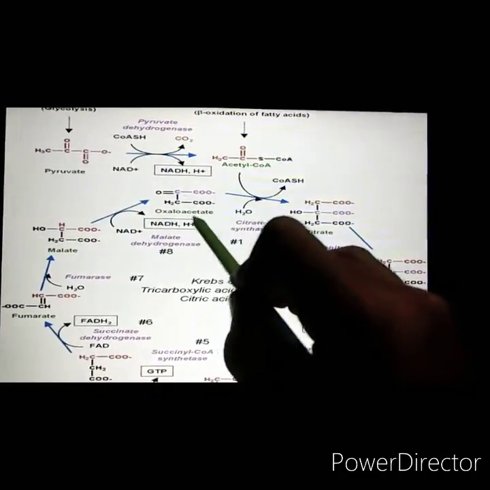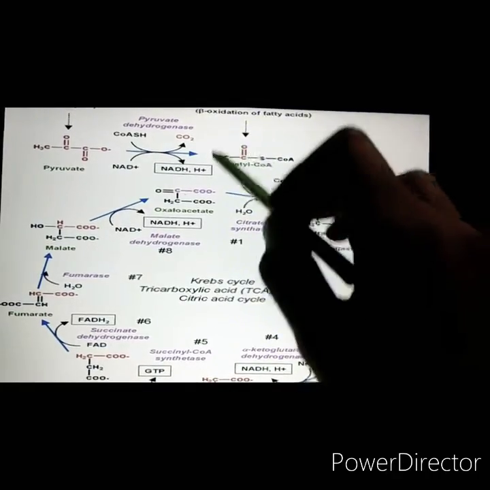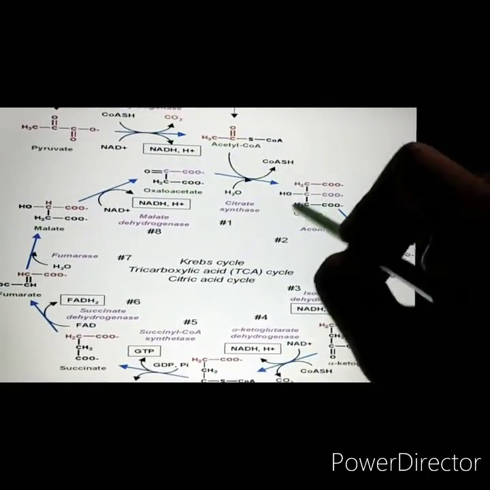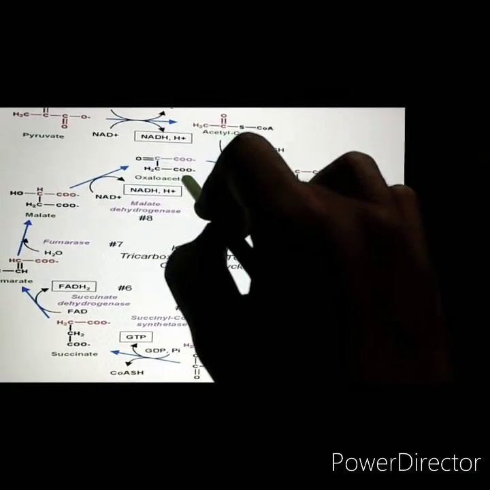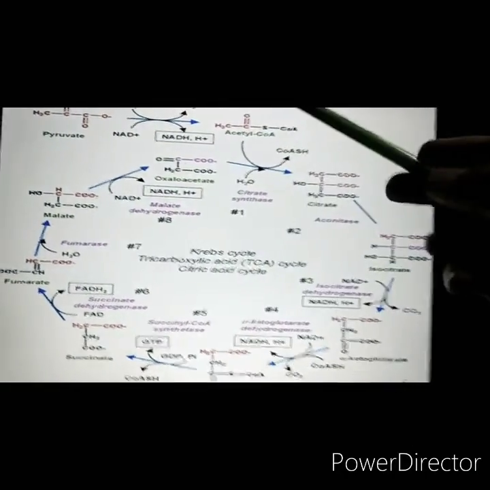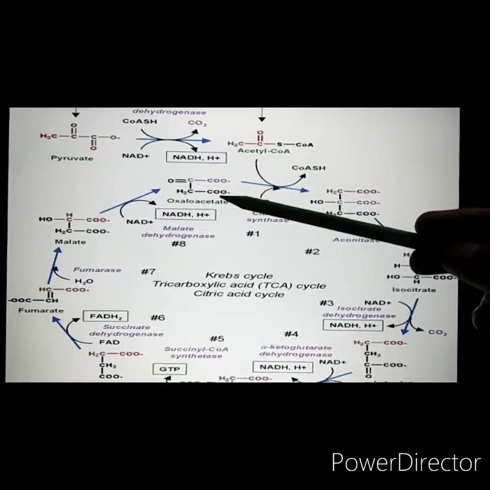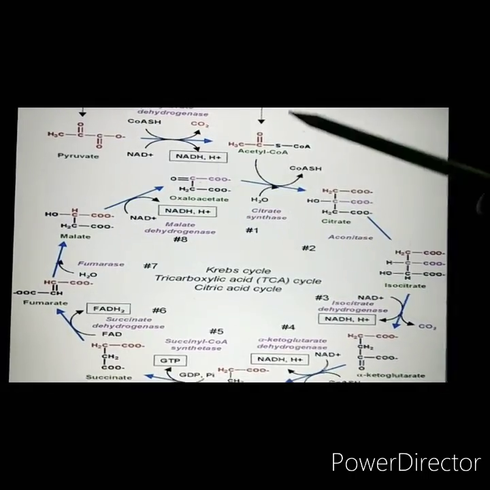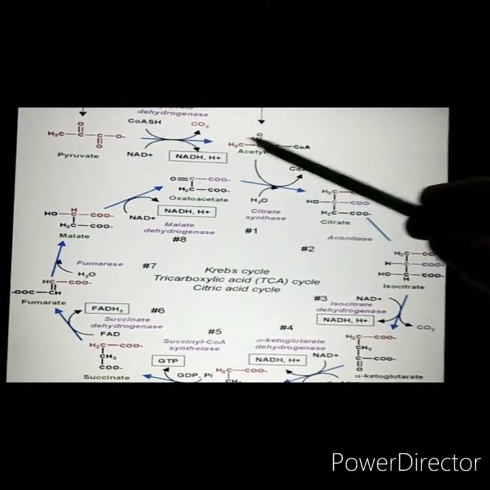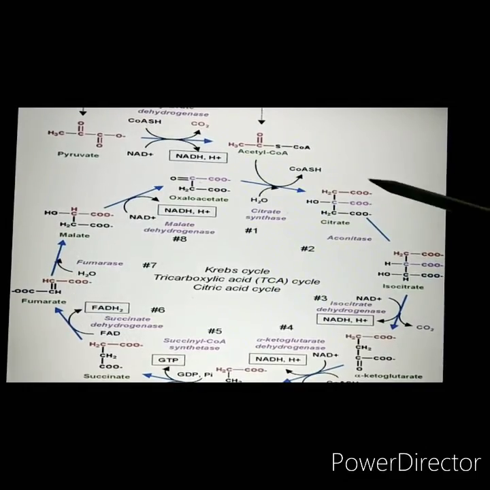So here the role of oxaloacetate is to accept the acetyl group and convert it into citrate. If there is deficiency of this oxaloacetate or if there is decreased amount of oxaloacetate in the mitochondrial matrix, then there is no reaction with the acetyl-CoA and there is no formation of citrate.